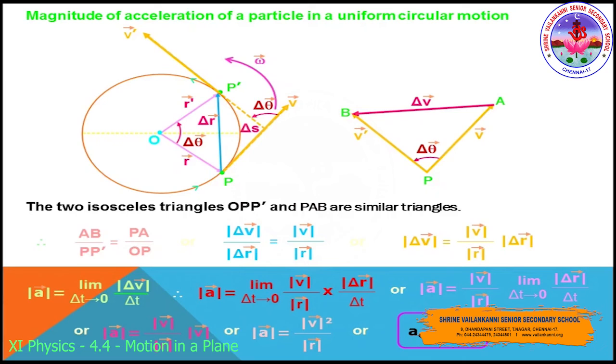So we got the acceleration which is equal to v by r into the limit as del t tends to 0 of modulus of del r vector by del t. From this we got the centripetal acceleration v squared by r. We can write it as omega square r, because v is equal to omega r. So this gives the magnitude of the acceleration of the particle in uniform circular motion.